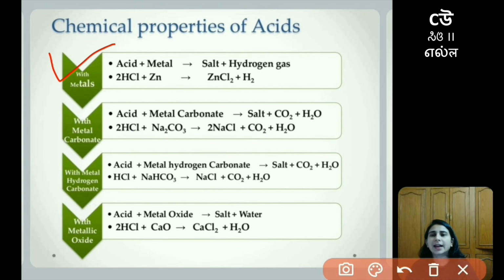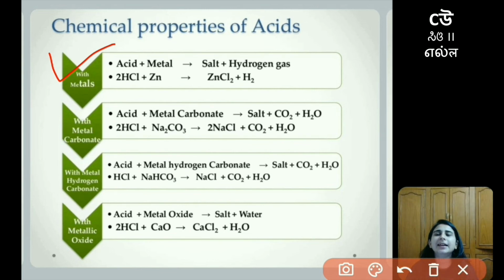When an acid reacts with a metal, the product that we get is a salt and hydrogen gas. The best example: let's take hydrochloric acid and allow it to react with zinc. The salt would be zinc chloride, along with hydrogen gas.